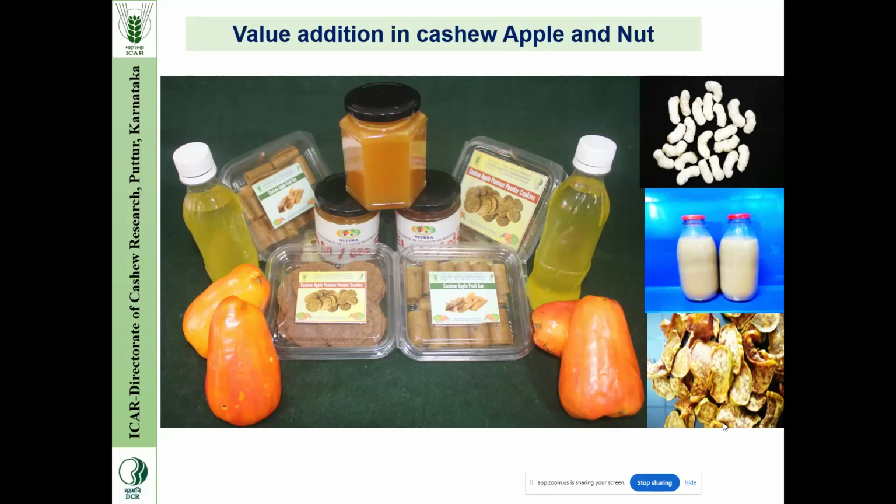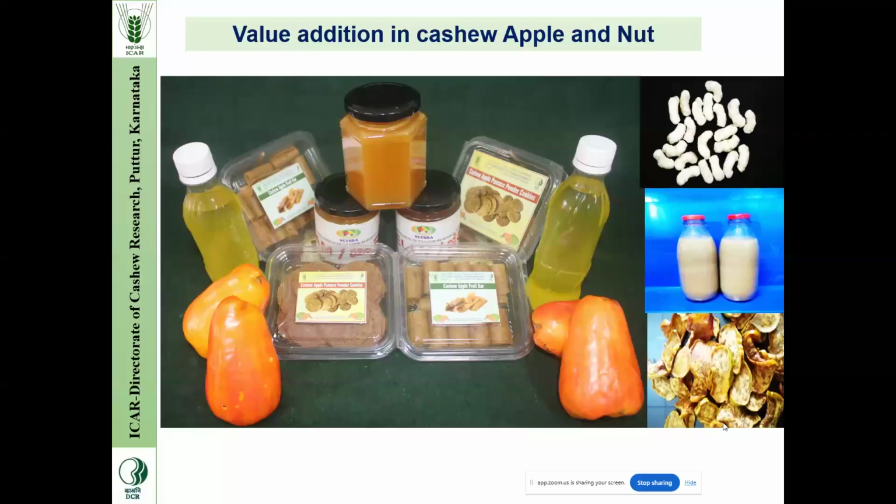By utilizing all these things, we have developed and standardized some value-added products out of it, so that it will help the cashew farmers, growers, self-help groups, as well as processors to utilize those cashew apples to convert the waste into wealth.